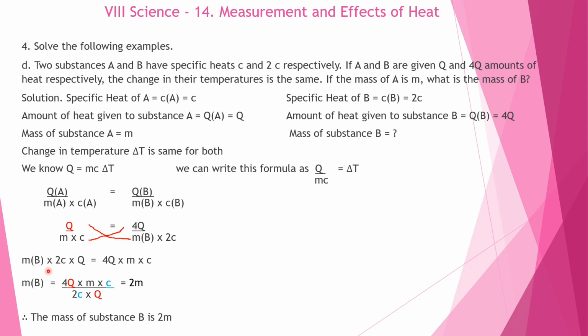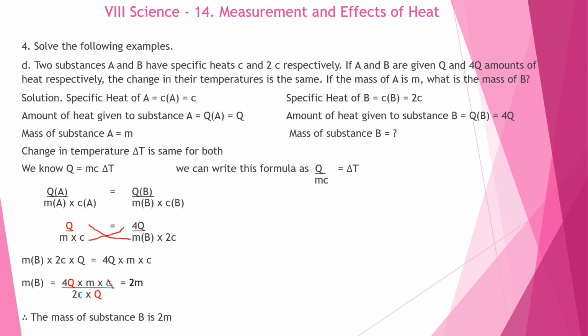Now we will keep MB on one side and we'll shift these two to the other side. 4Q into M into C upon 2C into Q. We are shifting these two to the other side, children. C and C are getting cancelled.